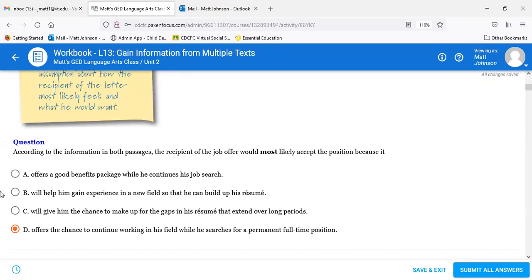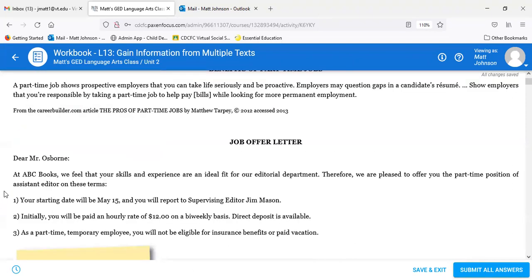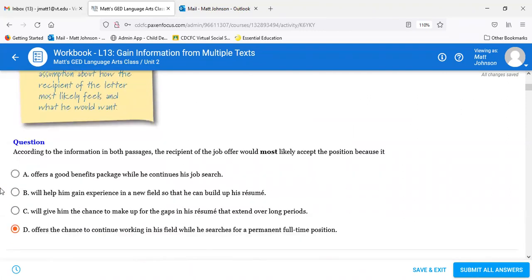The first one, well, the part-time position doesn't have good benefits. Pays decent for 2013, if you're thinking that way, but no insurance, and it's part-time. Will help him gain experience in a new field. We don't know his field. Actually, we do know his field because it says his skills and experience are an ideal fit for editorial. So we do know that he has experience. He's not necessarily gaining, well, you will gain additional experience, but it's not a new field.